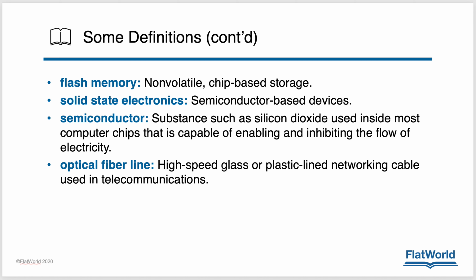We've moved pretty much to solid state, starting first with transistors, and then transistors don't really exist because you have the equivalent number of transistors on a semiconductor. A semiconductor is a substance such as silicon dioxide used inside most computer chips that is capable of enabling or inhibiting the flow of electricity.